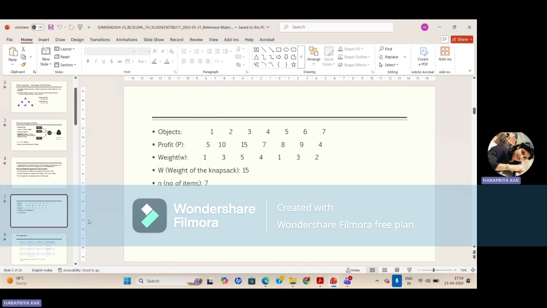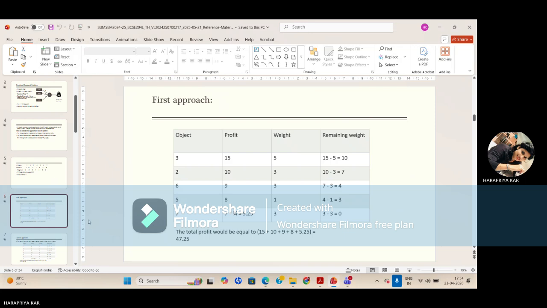Next, you see the first approach is what we have to choose. As I already mentioned, the first approach is to select the item based on the maximum profit. Now see which item has the maximum profit. So based on that, first is object 3.